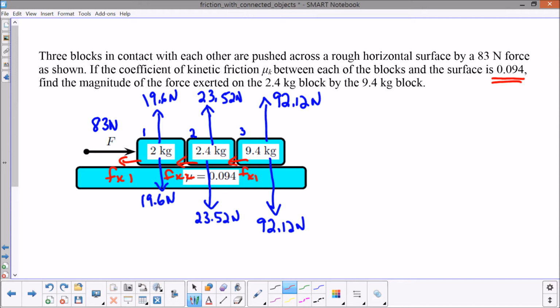Again, if each one of them had a different coefficient of friction, you would just make sure that when you're looking at the force of friction on box 1, you would use the coefficient of friction between box 1 and the ground. And so we need to calculate each one of those forces of friction. The force of friction on box 1 is 0.094 times 19.6, which is 1.842 newtons.